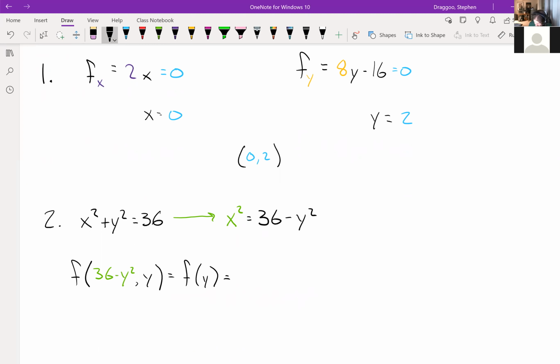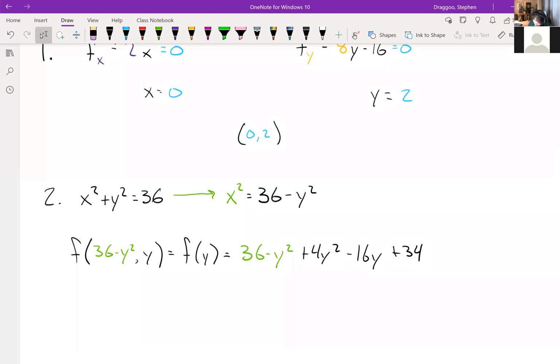And it looks like this: 36 minus y squared plus 4y squared minus 16y plus 34. That other number is about to not matter anyway, because I'm just about to do something fancy over here. Let's simplify that a bit. Actually, I'll simplify it in the derivative. It'll be easier that way.